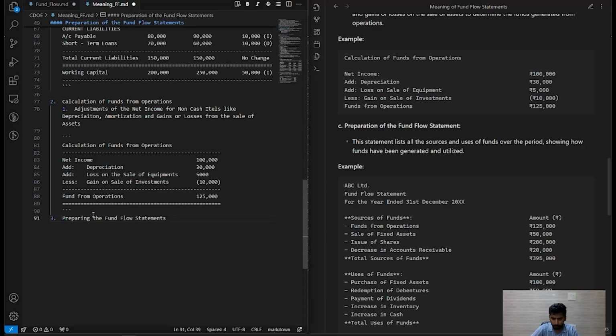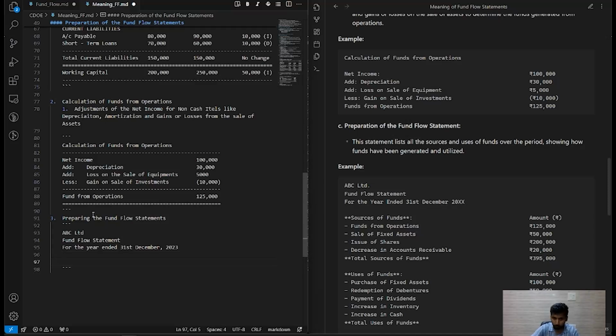Here, let us just assume that ABC Limited has to prepare the fund flow statement for the year ended 31st December 2023.